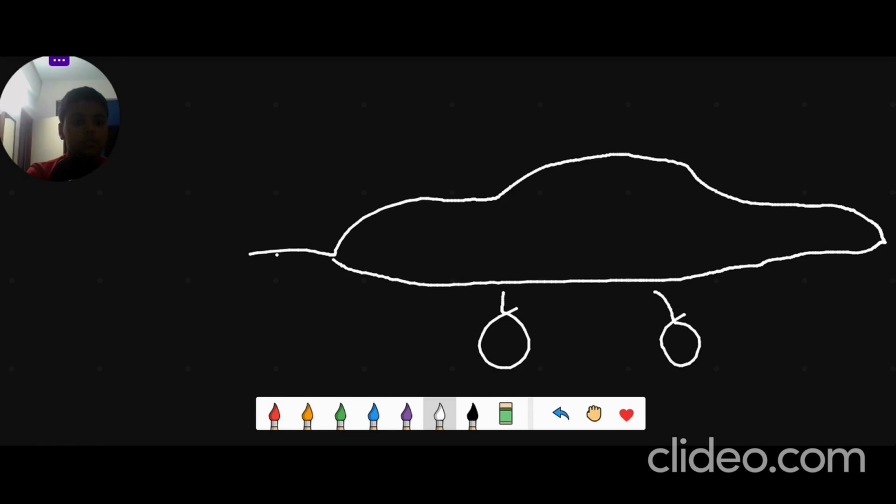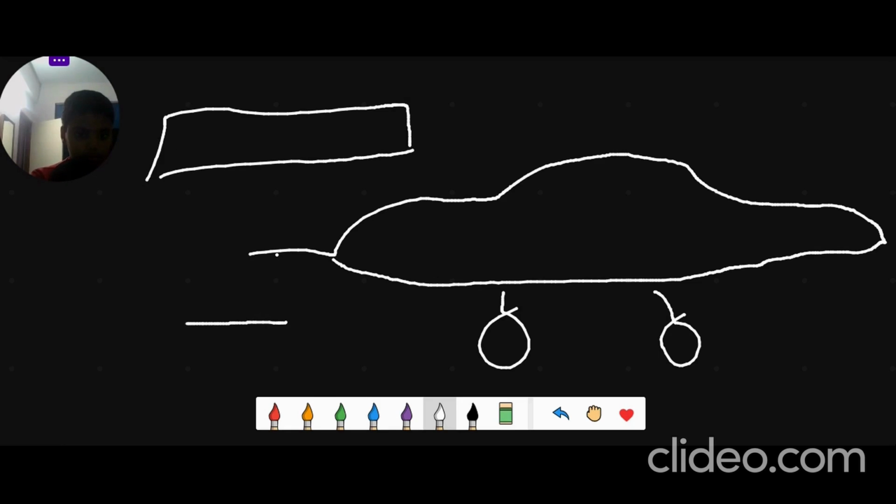So this is going to be its wing, right? This is the top view. Now if you go from the side, you'll notice a shape like this. This is called an aerofoil.